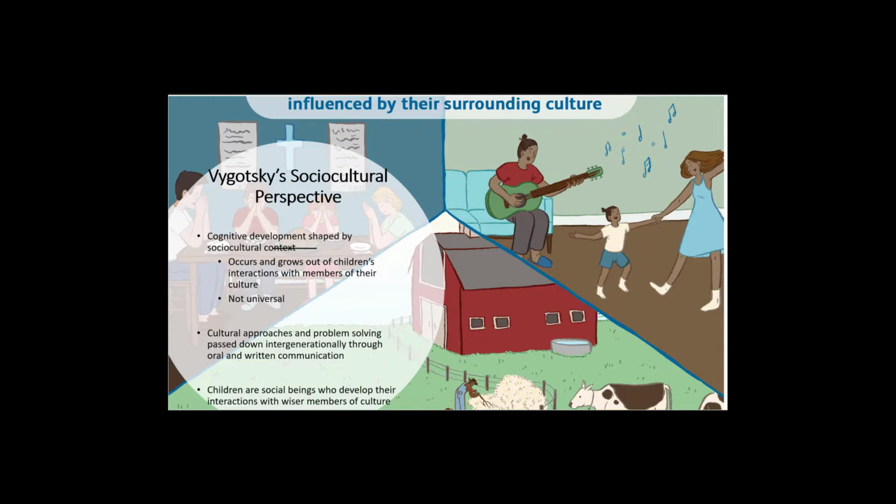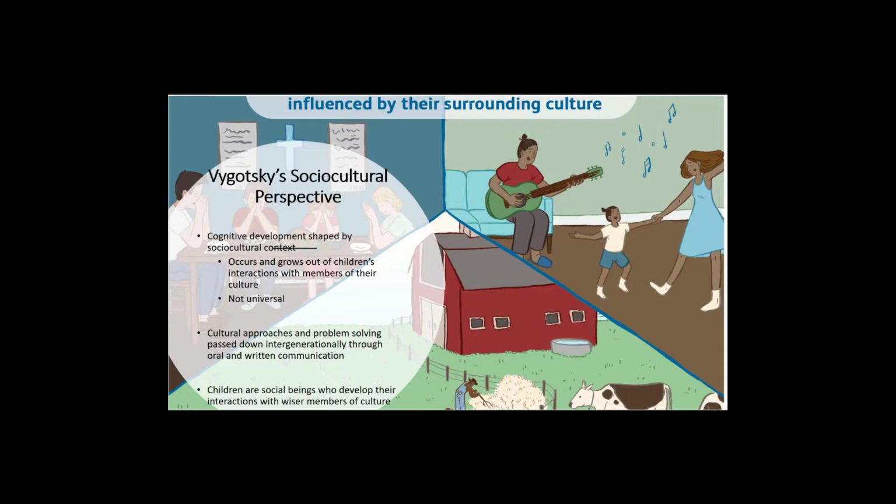So the difference between him and Piaget is that it's not just active exploration in an individual, egocentric way. It's that through interaction with older, wiser members of your group, extended family, your parents, and so on, you learn certain problem solving approaches and certain ways of thinking, which are culturally based.